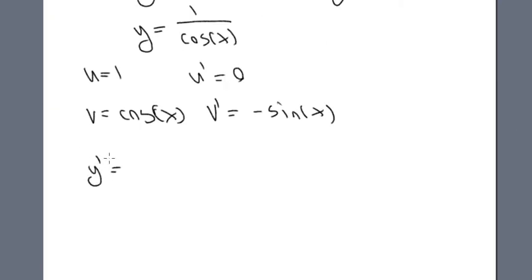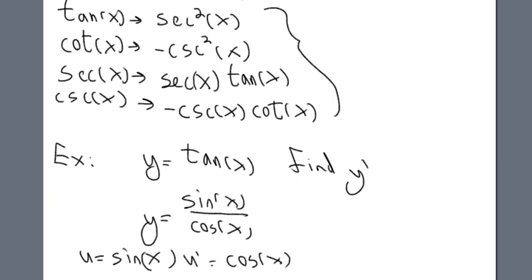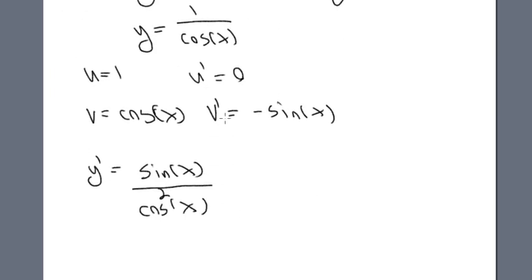So y prime, the top, u prime v is nothing, minus negative, so positive, uv prime. So that's just sine of x over v squared, cosine squared. Now, we're saying this equals secant x tangent x. And so our simplification to get into this.